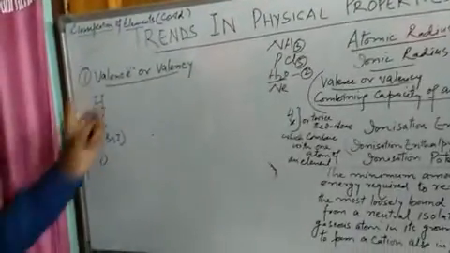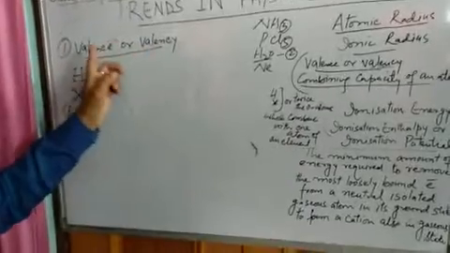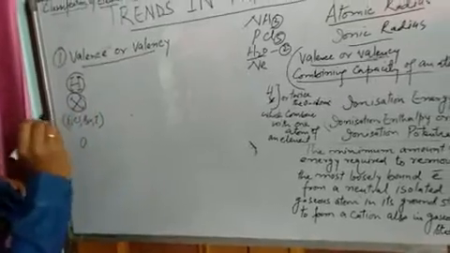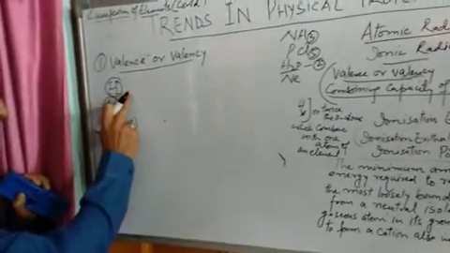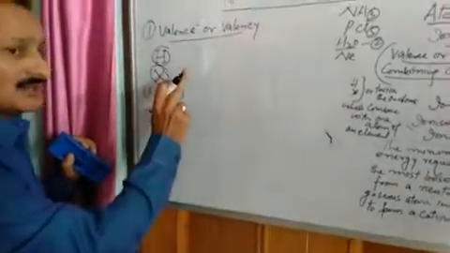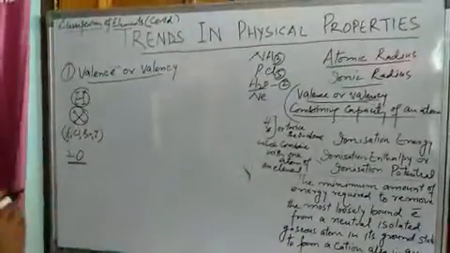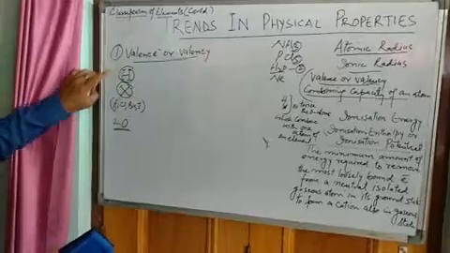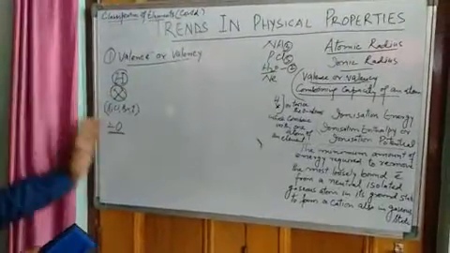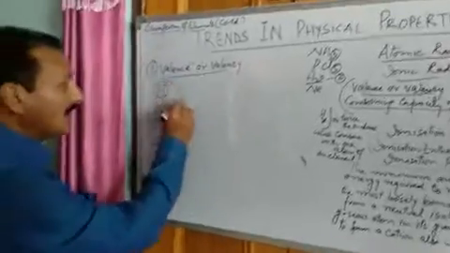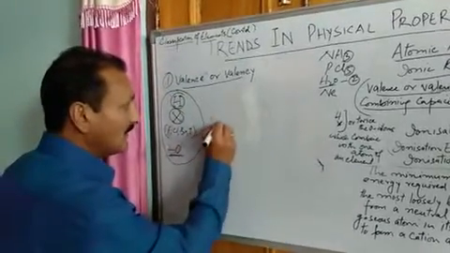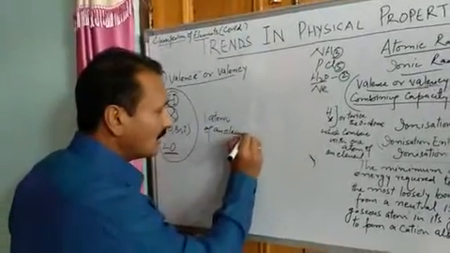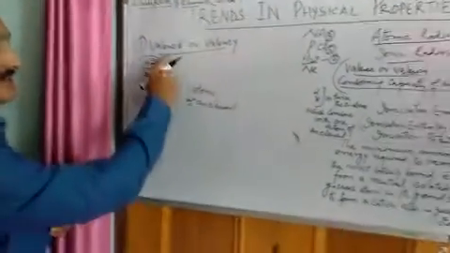Please remember the definition of valency or valence: the number of hydrogen atoms or number of halogen atoms, or twice the number of oxygen atoms that combine with one atom of an element is called the valency of this element.